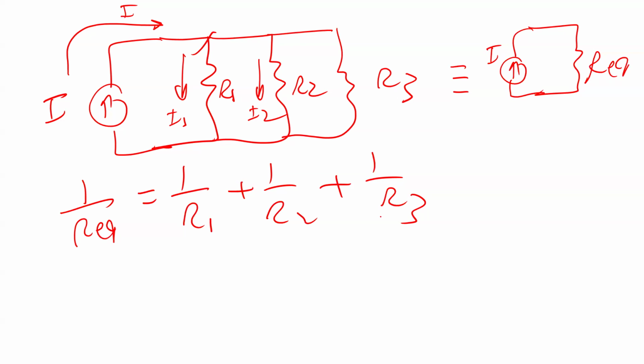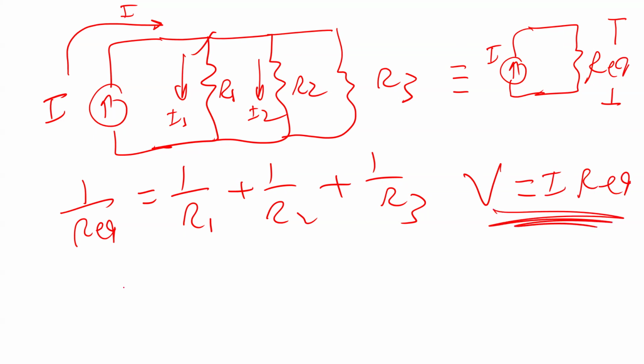So you need to do the addition, and then you need to flip it to get R equivalent. And then the voltage V, which is actually the same voltage here, the same voltage here, the same voltage. So the voltage is I times R equivalent. Okay, this is the voltage.